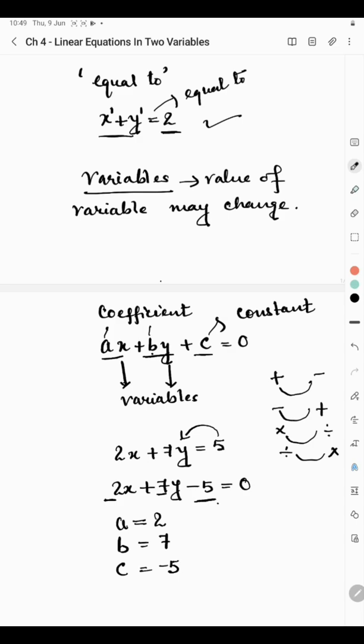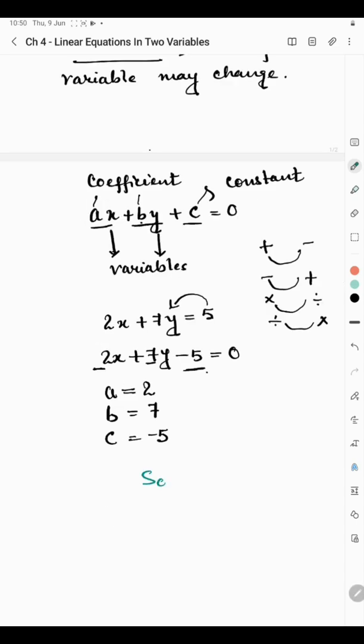Okay. Now we'll see the solution of a linear equation in one variable. What will be the solution of the linear equation in one variable? Let us take an example.